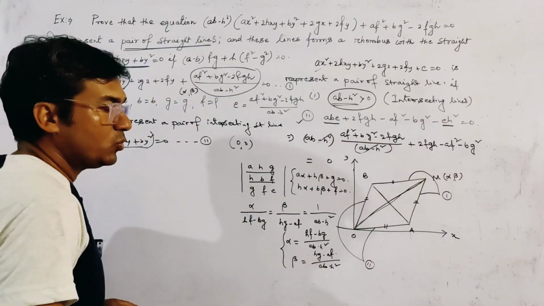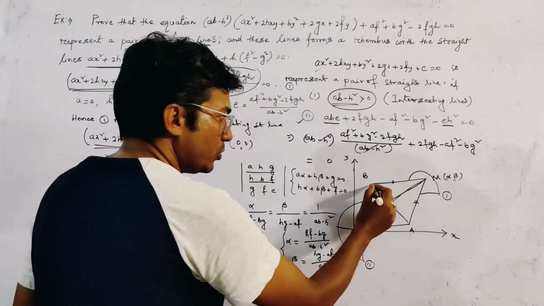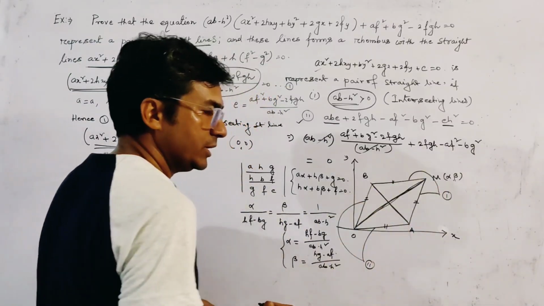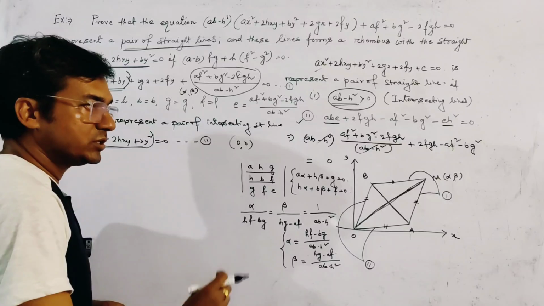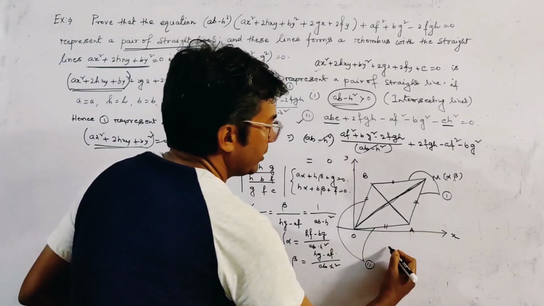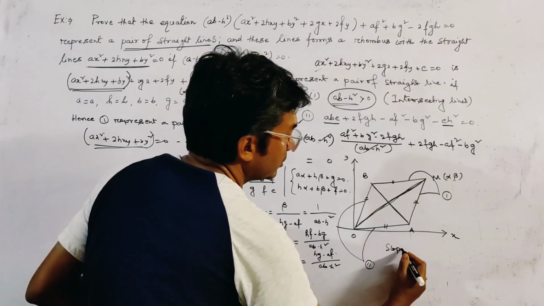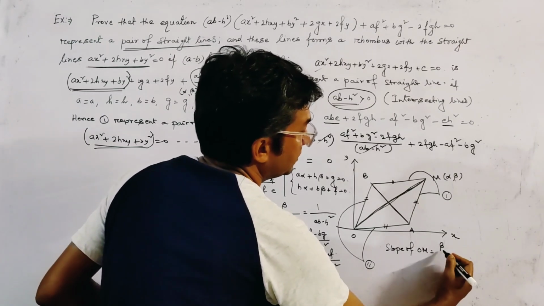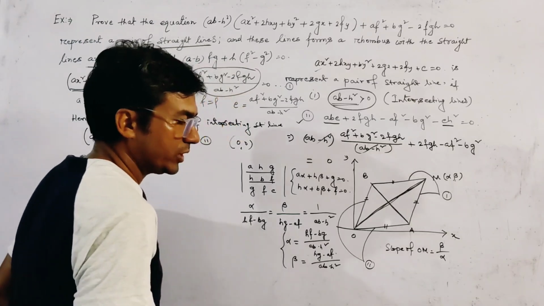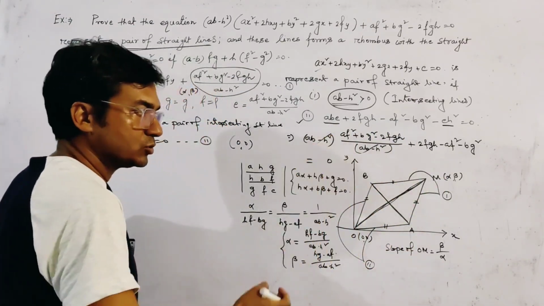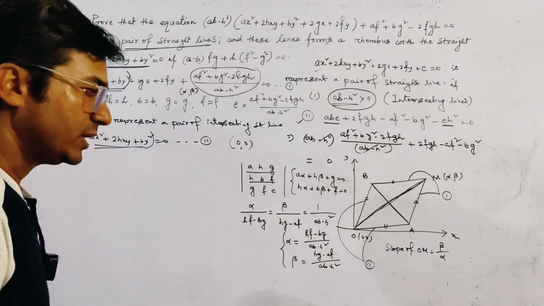Now we have to find the slope of AB and the slope of OM, and we already found OM. What is the slope of OM? This is given by beta by alpha, because this is 0,0 and this is alpha beta, so the slope of the line is beta by alpha.